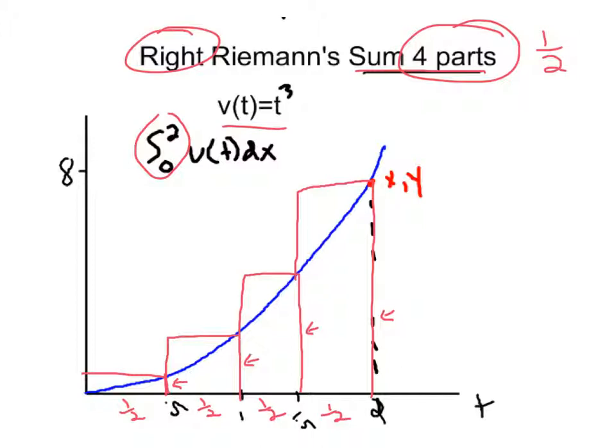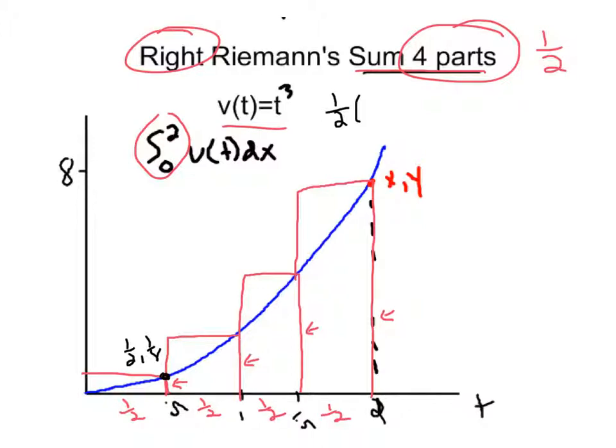I get the estimation by just adding up the area of all of these rectangles. So the smallest rectangle is 1/2 times the height at 0.5. To find this point right here, to find the height, I just plug the x value 1/2 into the function and I get 1/8.